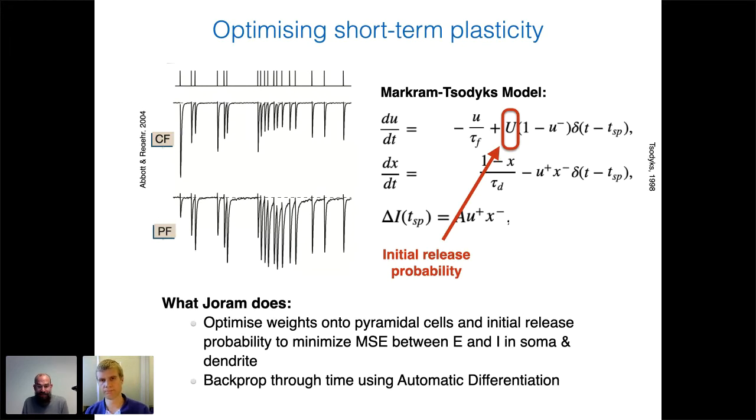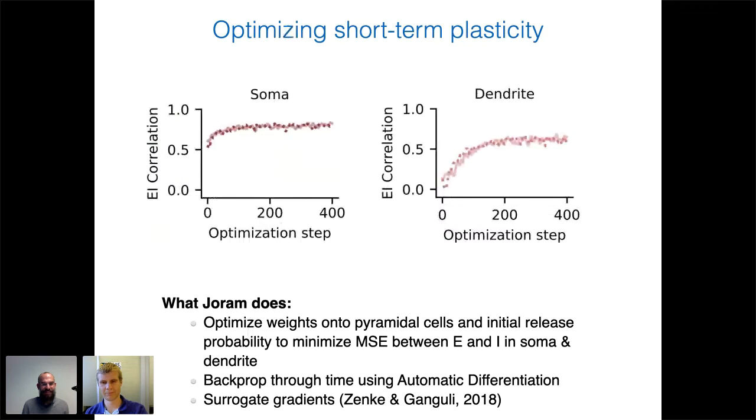Nicely, as all of you know by now, this is very simple. You just program everything in PyTorch and use automatic differentiation. And because it's spiking, you also need to think about surrogate gradients. At that point, we were quite grateful that Friedemann and a lot of other people had worried about that problem for us, and we didn't have to, because we probably couldn't have solved it as nicely as you did. So that's the setting.